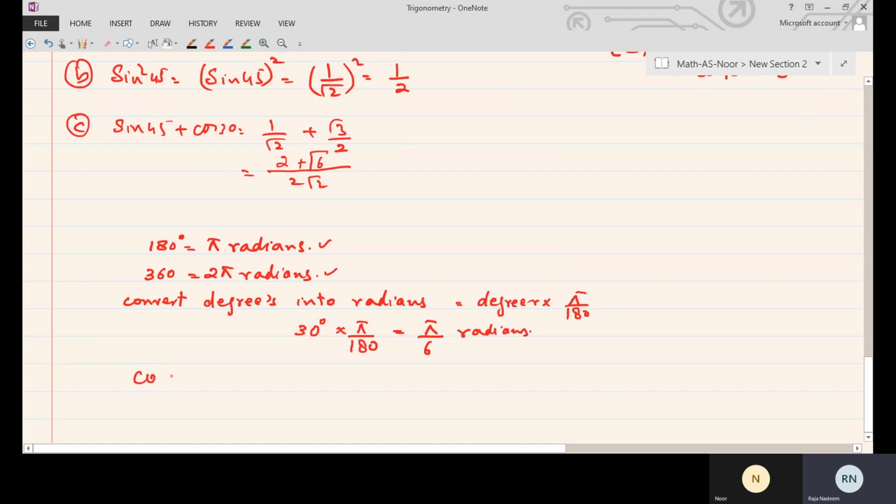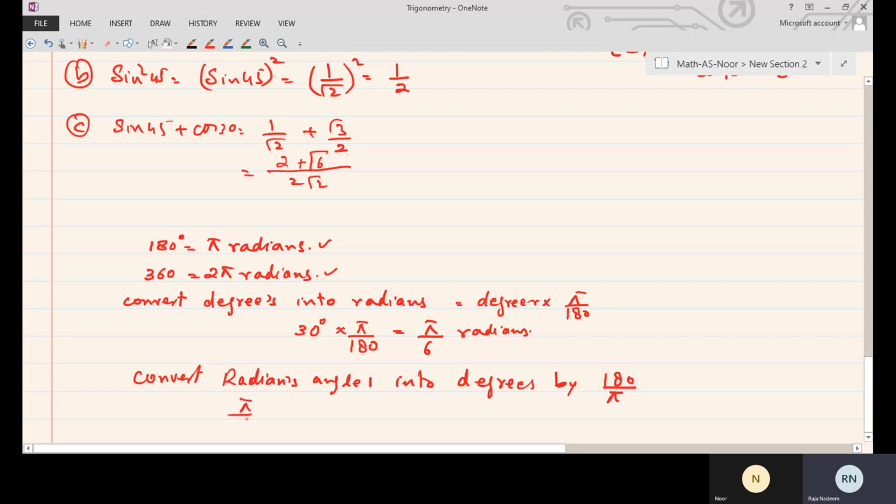So at the same time we can also convert a radians angle into degrees by multiplying the radian by 180 over pi.